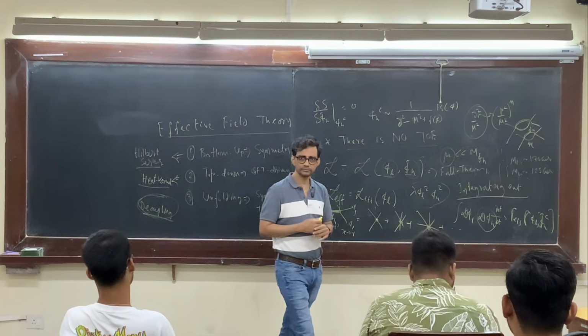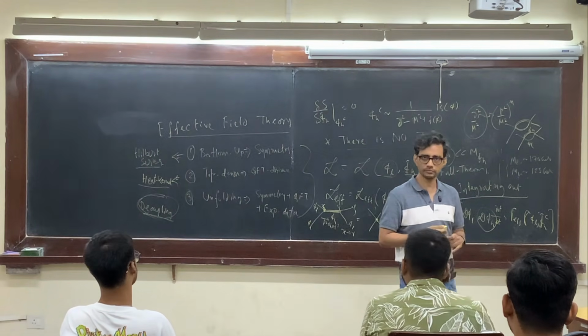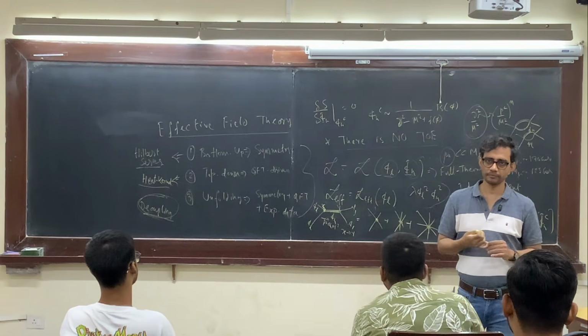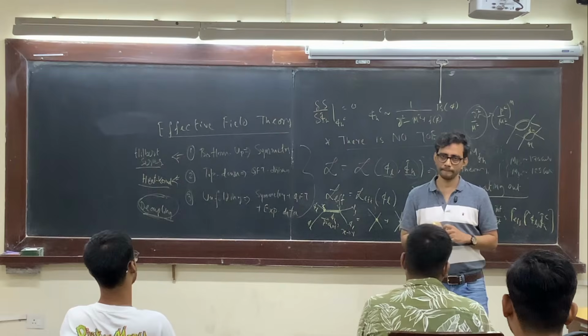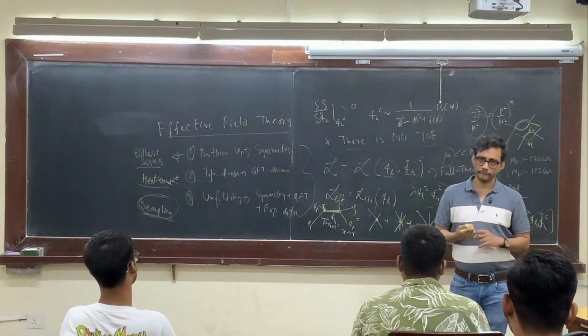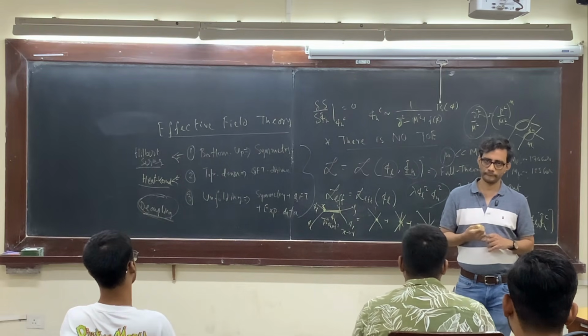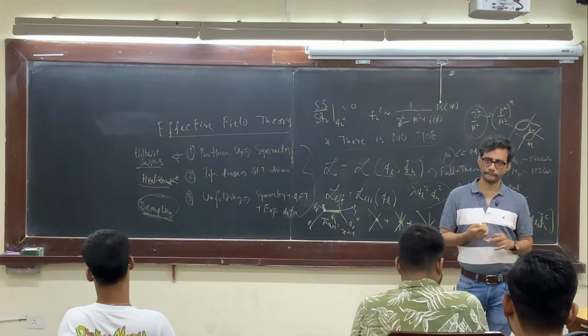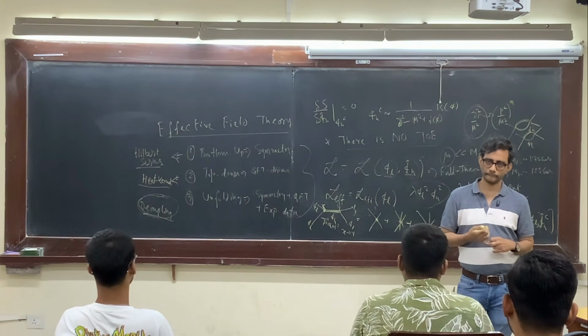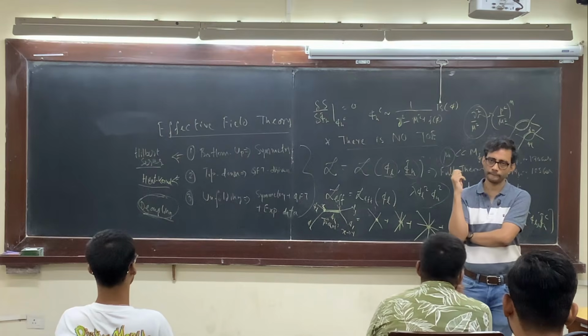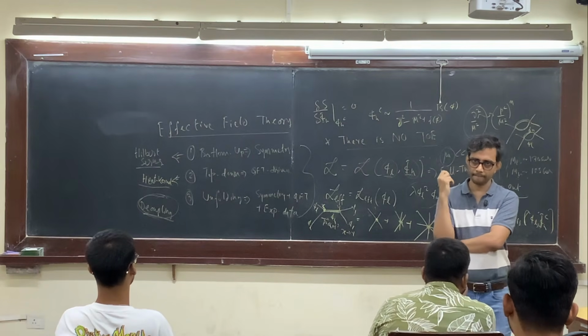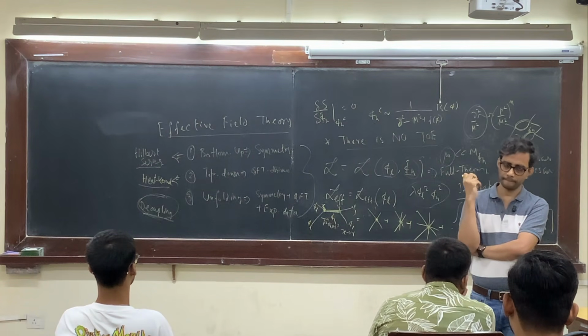So I used to think that the reason is this: you start with phi to the fourth and you go to higher loops and you see that it diverges. So you can think of it as adding new operators to your theory, or you say that these loops generate new terms in your Lagrangian, in the Wilson effective Lagrangian.